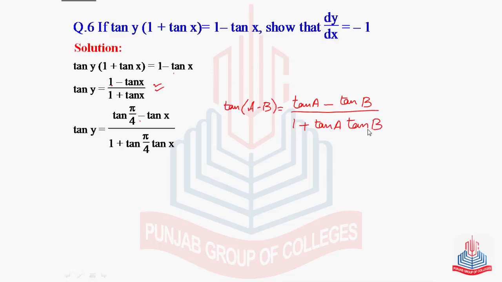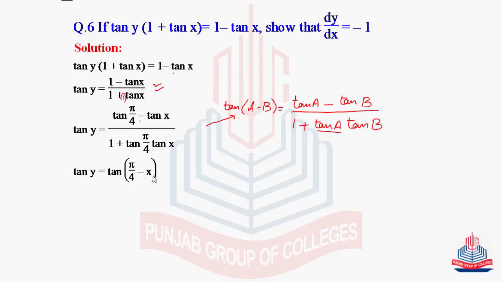One is tan x, but there is no other tan function, so we write tan π/4, which is 1. So we have on the left-hand side tan y, and on the right-hand side tan(π/4 − x).